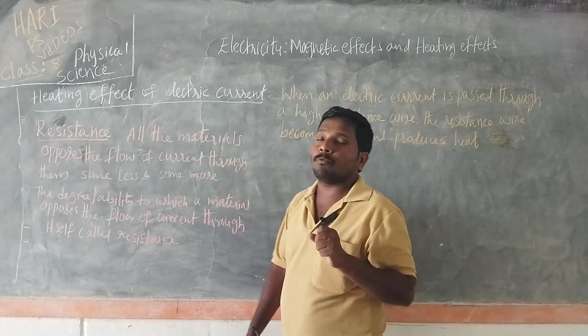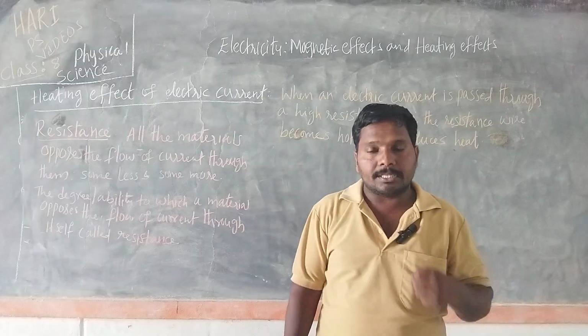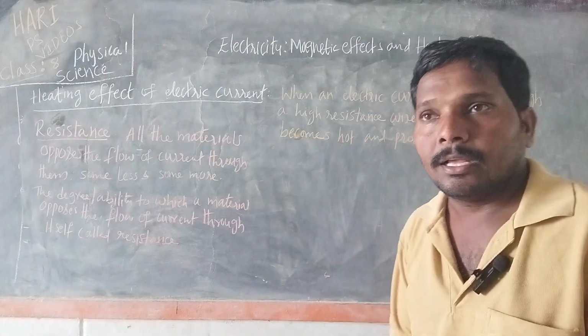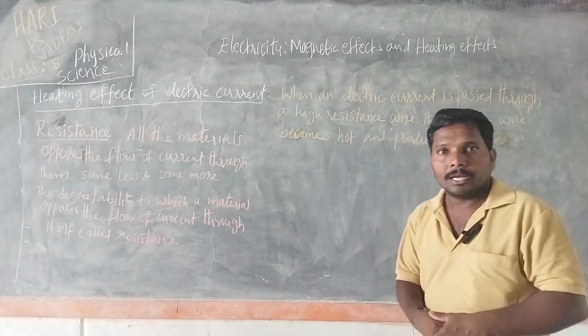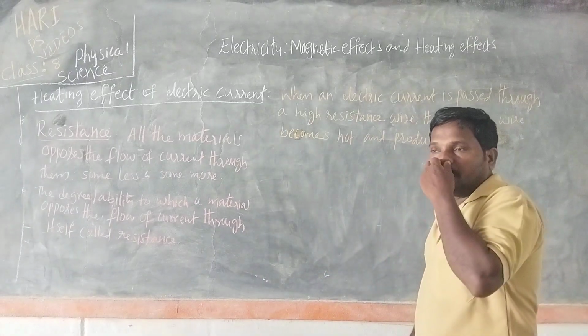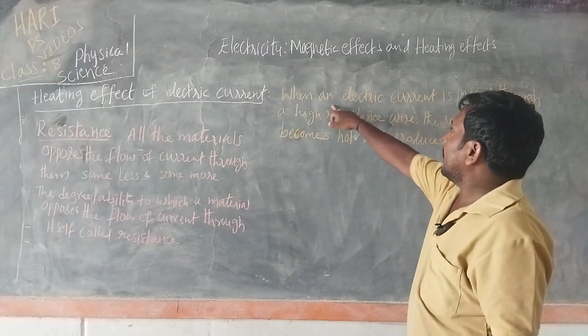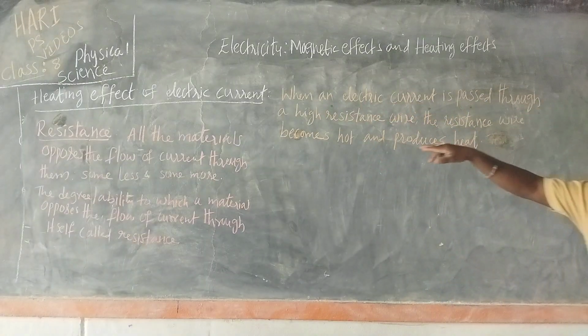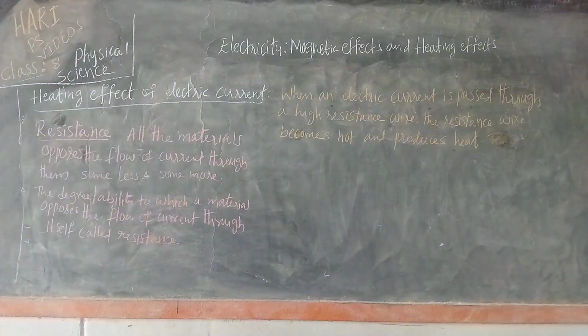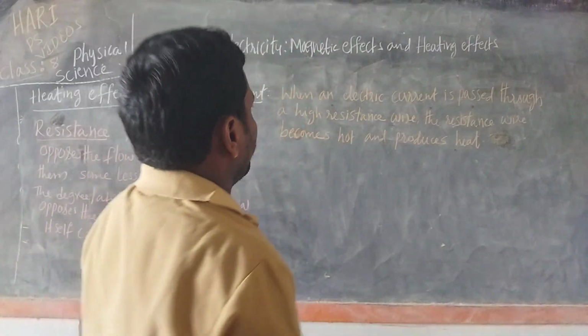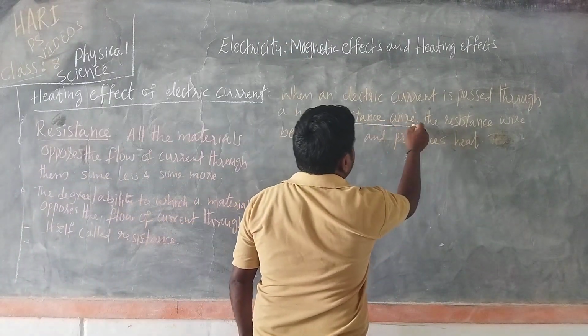But some metallic wires, some conducting wires, even though they conduct current and are good conductors, have more resistance. They have more resistance to oppose the flow of electric current. For example, nichrome is a metallic wire with high resistance.